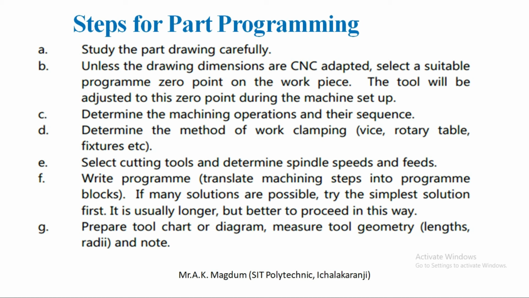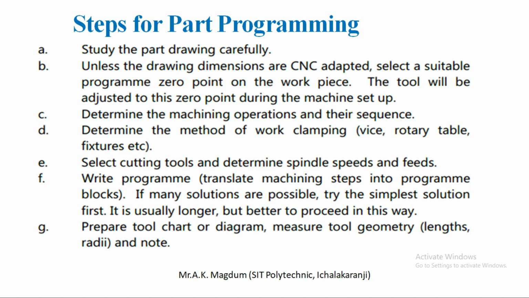The next step is, unless the drawing dimensions are CNC adapted, select a suitable program 0 point on the workpiece. The tool will be adjusted to the 0 point during the machine setup. Meaning, according to the dimensions given in the drawing, select a suitable program 0 point.